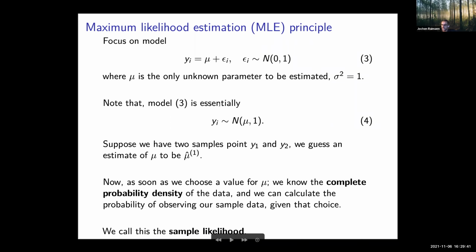So again, we're reducing the model now to yi equals mu plus a residual error ε_i, and the residual error ε_i is considered to be normally distributed around the mean of 0 with a variance of 1.